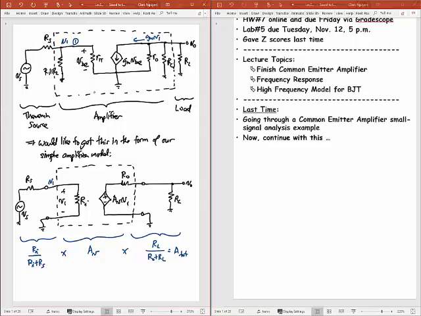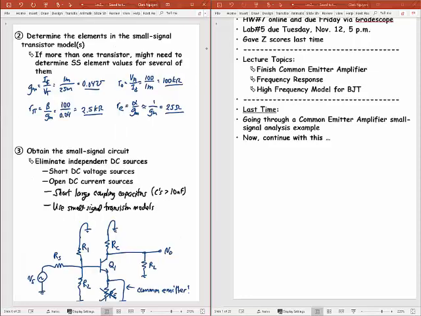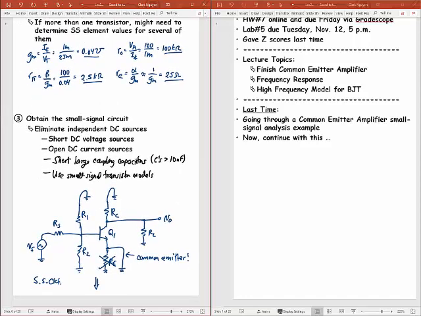These resistors are part of the bias path, R1 and R2. The dotted line here is just telling me which is the amplifier versus which is the source and which is the load. Okay, I guess I should go back and actually put a dotted line around this too, so I can show you what corresponds to what. So if I were to pull out the amplifier, well, that's the source there. So the amplifier is going to start from the source resistance on.